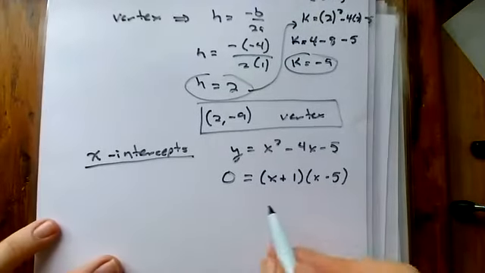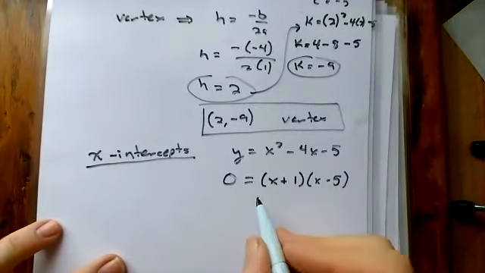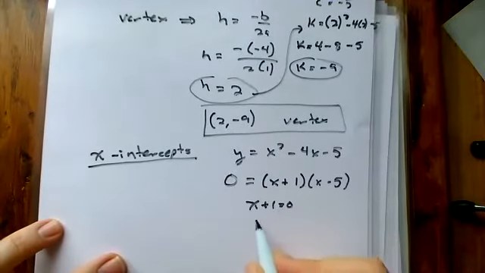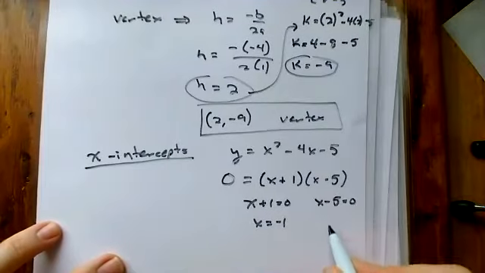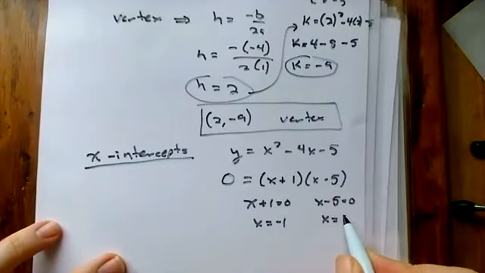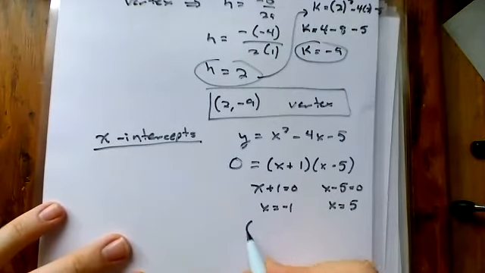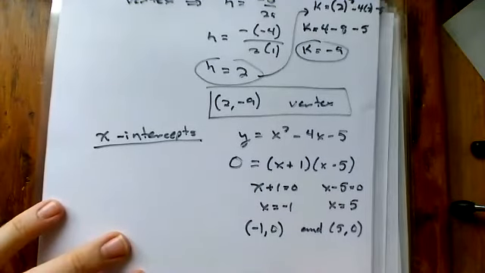As you already know, there are several different ways to do this. But here we can just say x plus 1 equals 0, so x would be negative 1, or x minus 5 equals 0 gives us x equals 5. So I've got my two x-intercepts right here: negative 1, 0, and 5, 0.